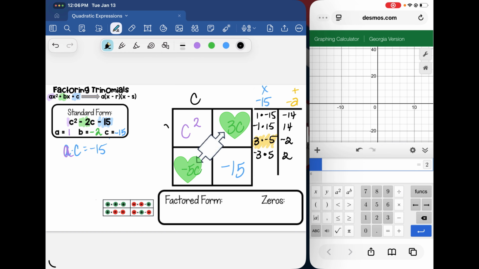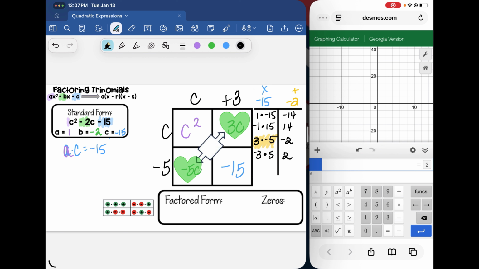C and c. Well, what can I multiply to c to get 3c? Hopefully you said a positive 3. And what can I multiply to c to get negative 5c? Hopefully you said a negative 5. I have my factored form.